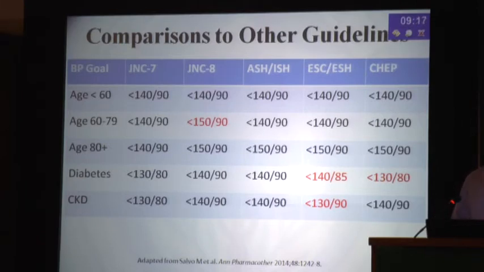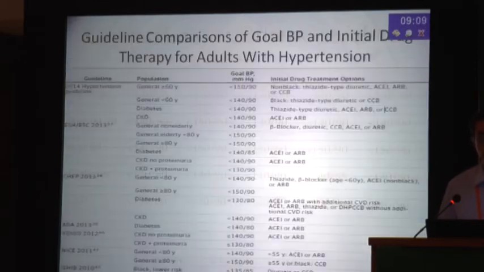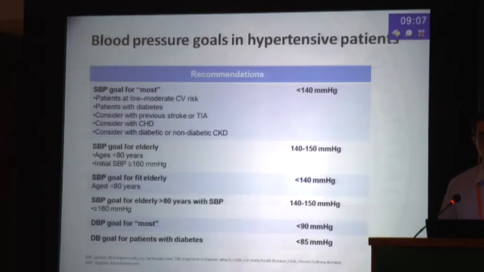Patients with chronic kidney disease, again, a target goal would be between 130 to 140 and the diastolic between 80 to 90. So if I was to summarize what the trials, what the recommendations, what the guidelines were to say, the systolic blood pressure goal for most would be less than 140.